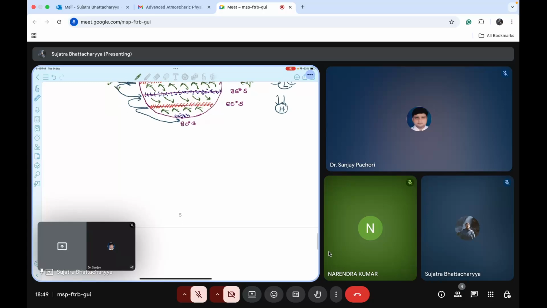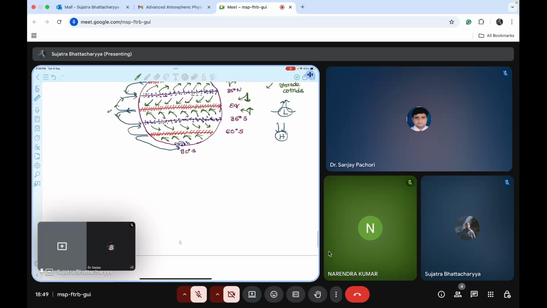And so what you see is that in this particular region, from the equator to 30 north or 30 south, you generally find easterlies, northeasterlies.